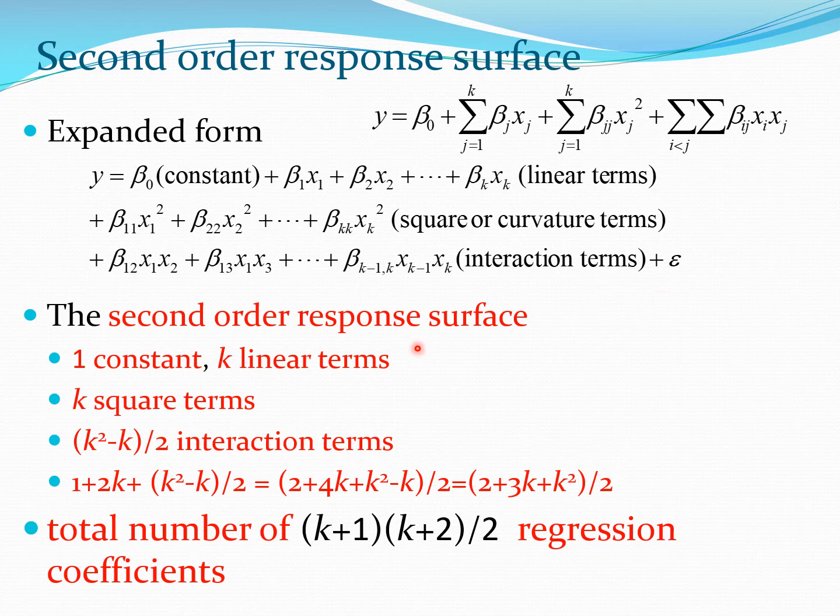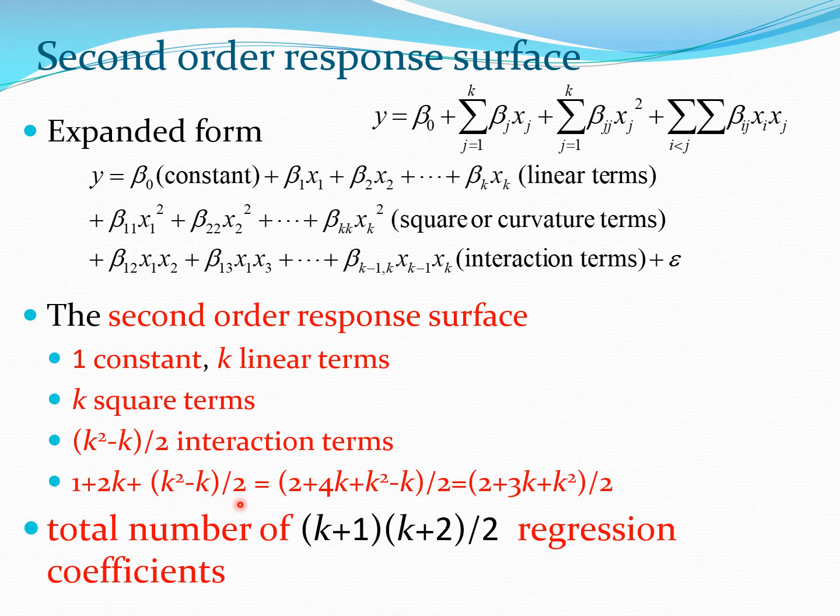If we now look at all these terms, there is one constant, k linear terms, k square terms, and as far as the interaction terms, these correspond to the terms in the matrix which are on top of the diagonal. So there are k square minus k by 2 interaction terms.